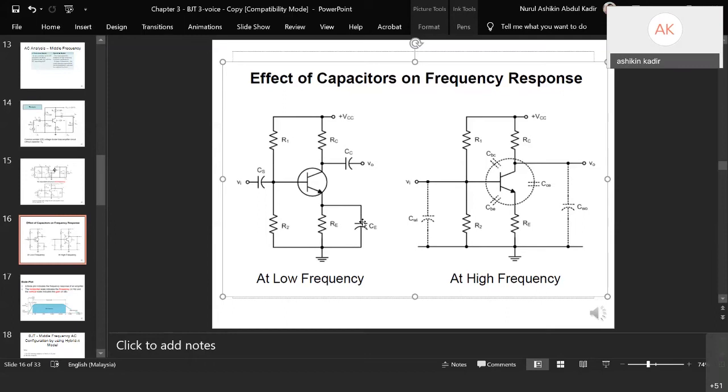That's why we need to have a bypass capacitor at the emitter part, so that our output will be larger compared to if we don't have any capacitor at the RE. Now we want to do the analysis at low frequency and also high frequency.